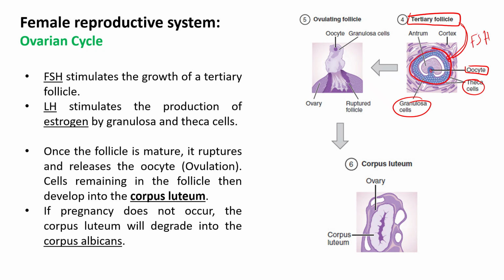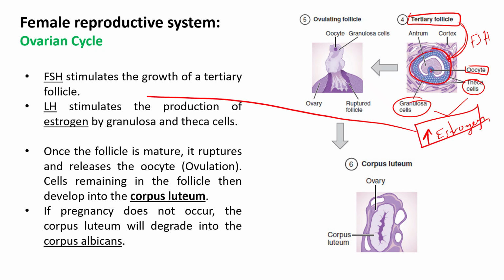Now, at some point, the increase in the amount of estrogen is going to stimulate the pituitary gland to produce more LH. And then we're going to learn that eventually, when there's a peak of LH production, that will trigger the event of ovulation.